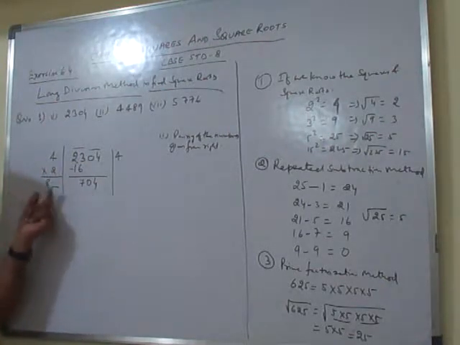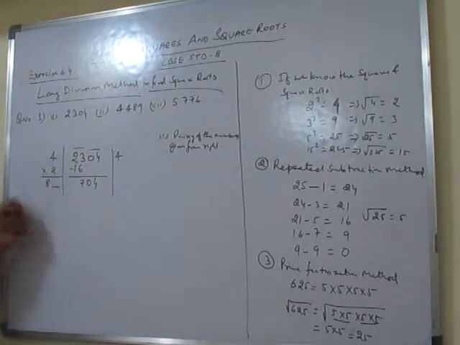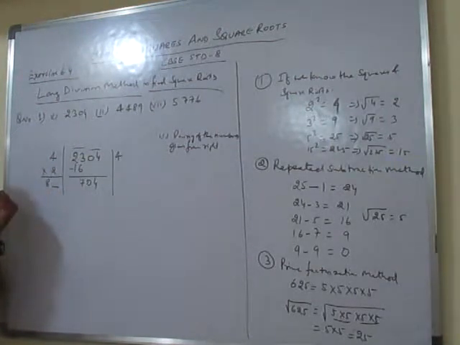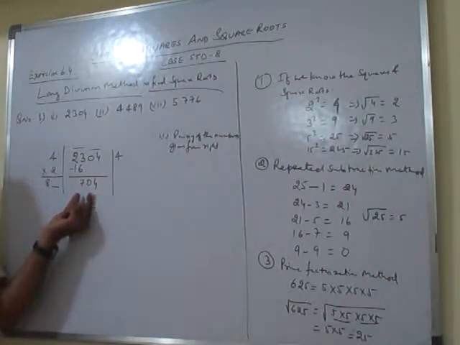As it is, suppose if we are putting 2 here and multiplying with 2, we will get 4 at the last digit. But 82 into 2 is only 164, which is very less than 704.